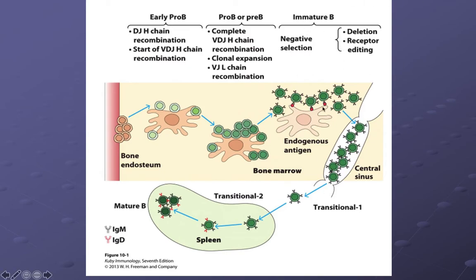Then of course in the peripheral areas, these immature naive B cells, as they enter the last part of their differentiation, whether they will become a memory cell or a plasma cell, we expect a negative selection to occur. So B cells with BCRs that are of no potential value should be deleted, or if not, the receptor can be edited so that it can be useful.